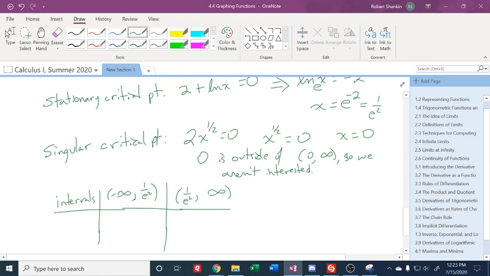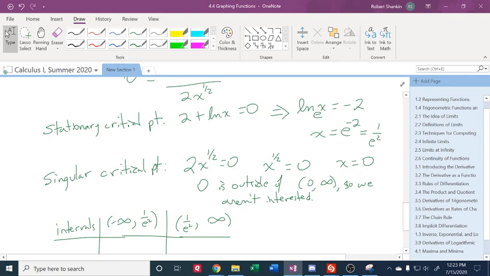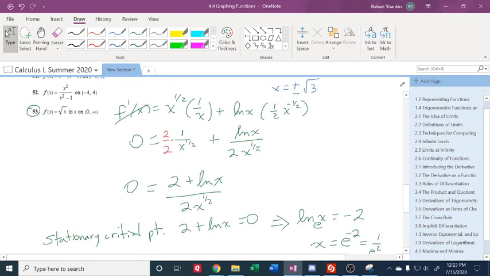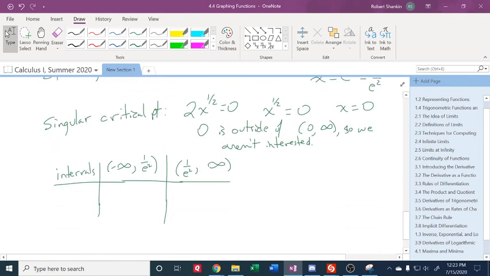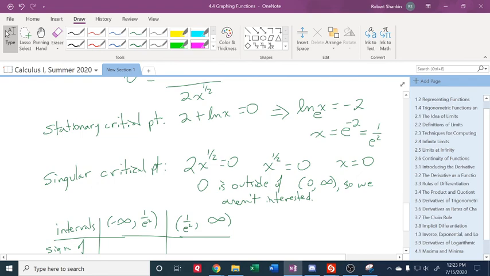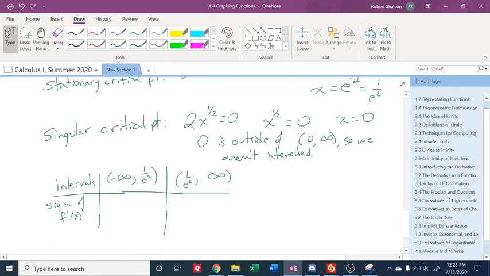And then this function was f, so the sign of f prime of x. Am I going to get a positive derivative or a negative derivative in each one of these intervals?